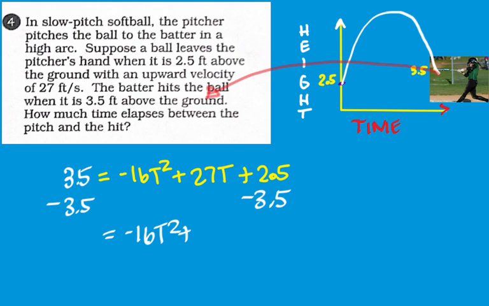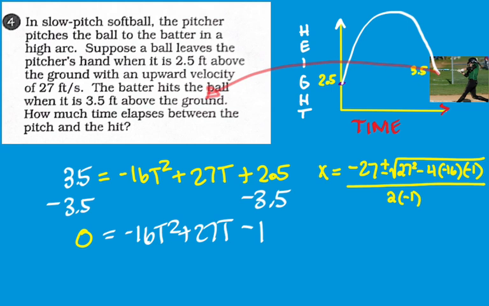So we have to get it to equal 0 in order to factor it out. I can see that I can't use the X-box method because there aren't two terms that multiply to be 16 and add to be 27. So I know I'm going to have to use the quadratic equation, which is fine. Negative b plus or minus the square root of b squared, 27 squared, minus 4 times a, which is -16, times c, which is -1.